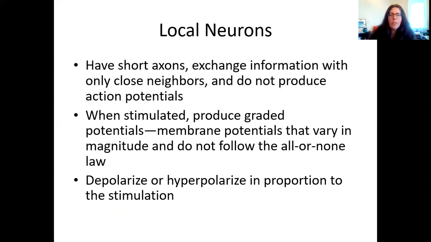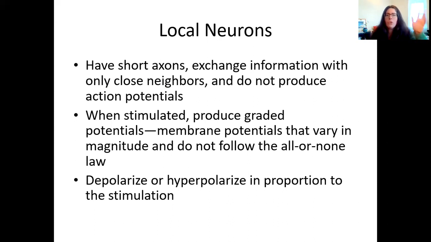Okay, so here's just a fuller discussion of a local neuron, right? They have short axons or don't have axons at all. They exchange information with their close neighbors, but they do not produce action potentials, which is the communication we were predominantly talking about.